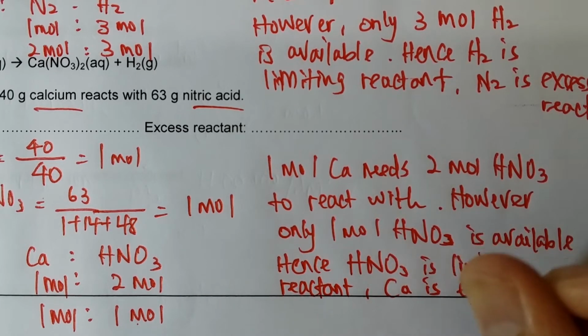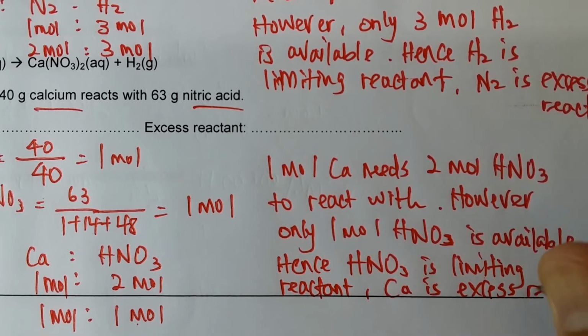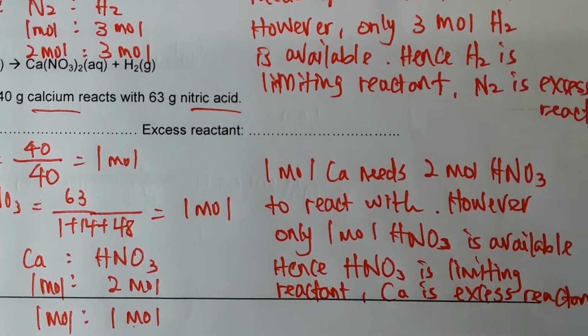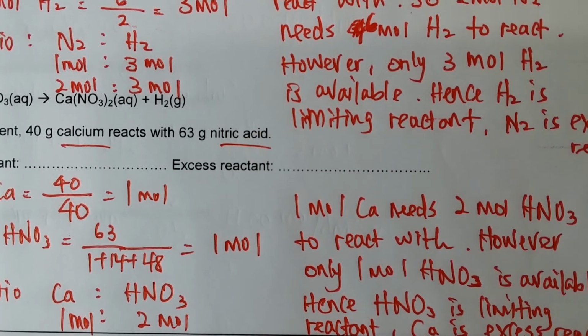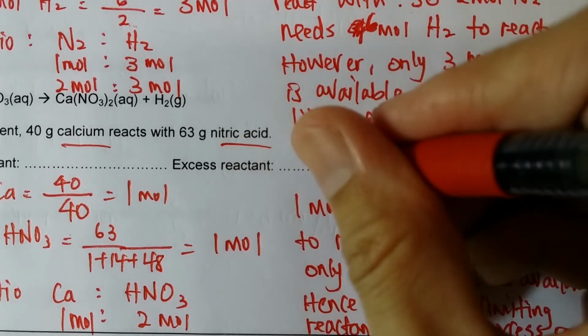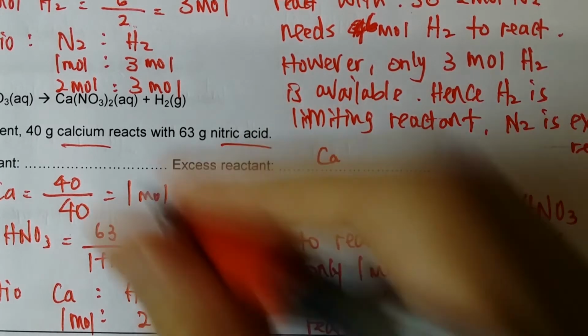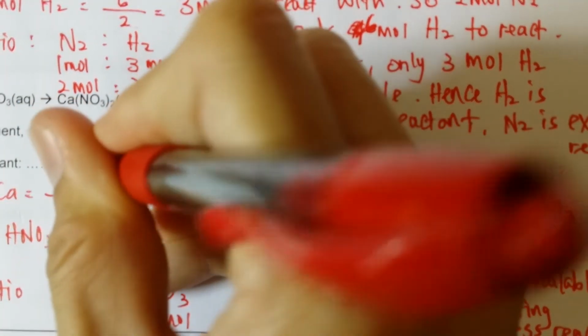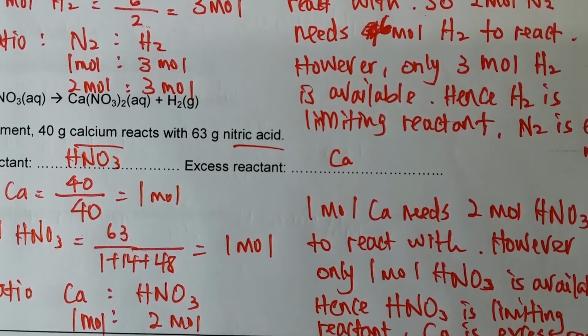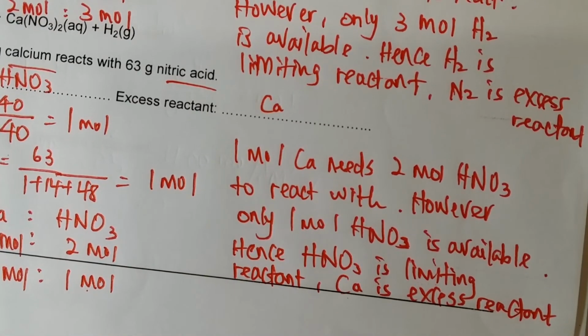Calcium is excess reactant. So excess reactant, calcium, limiting reactant, HNO3. Okay, not a problem.